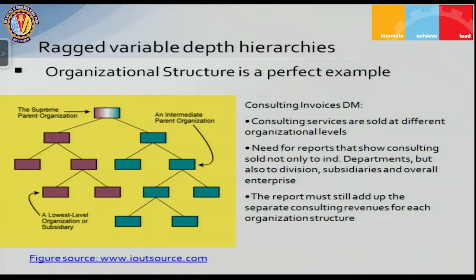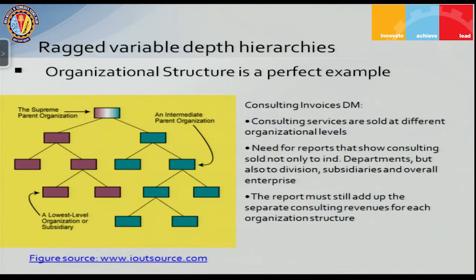Consulting services are sold at different organization levels. So there is a need for reports that show consulting sold not only to individual departments, but also to divisions, subsidiaries, and the overall enterprise, right? And the report must still add up the separate consulting revenues for each organization structure, right?